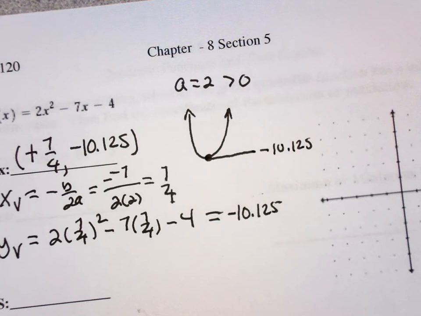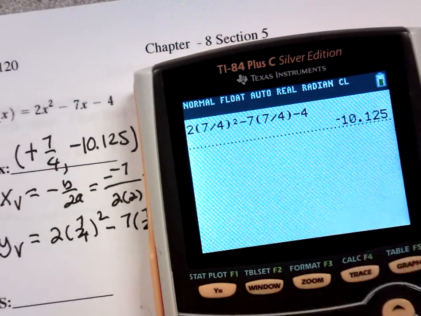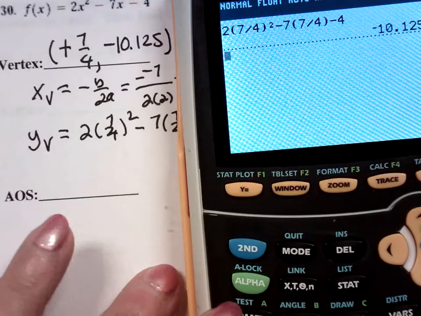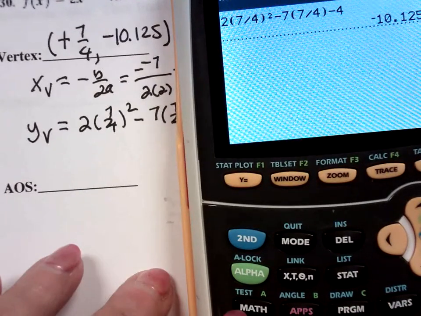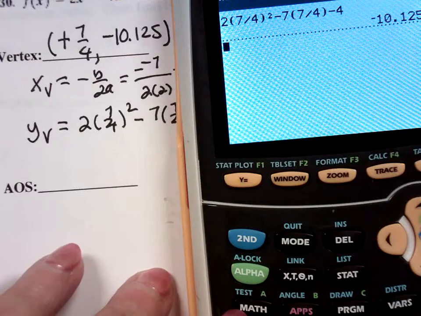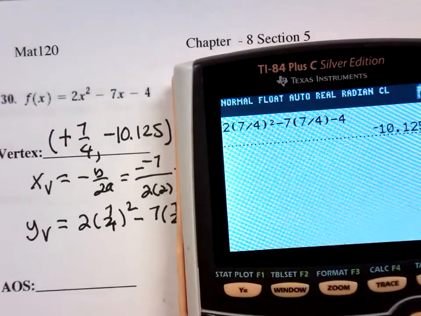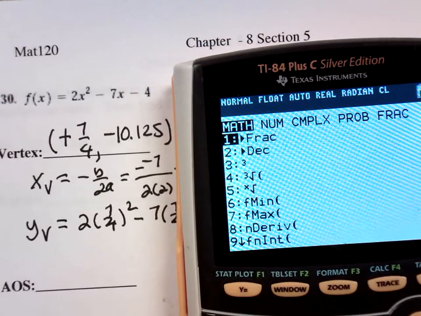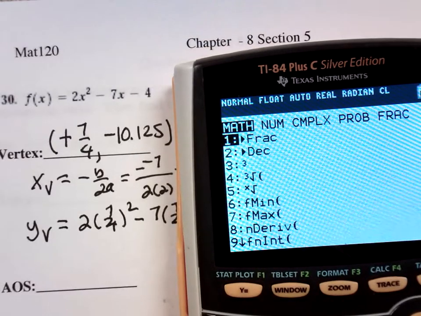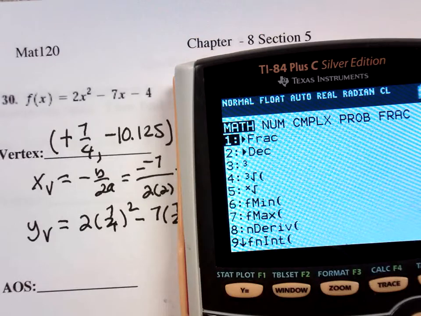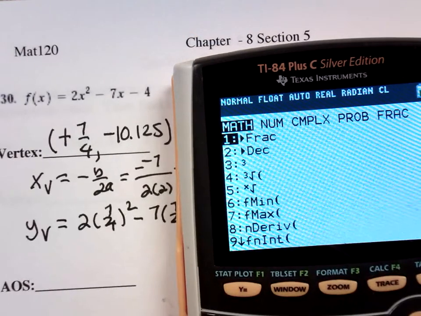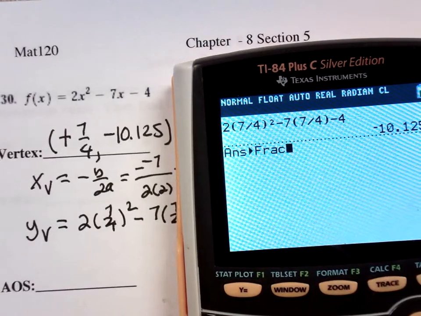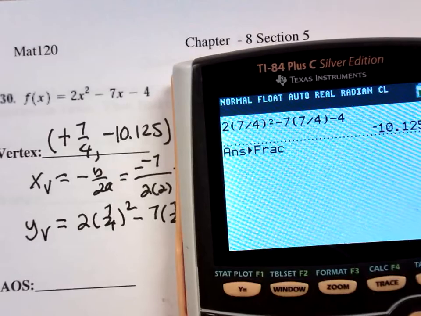Now, something I want to show you on your calculator, and most of your calculators have it. There is this thing called the math key. And if I have math, notice the top thing says push it to a fraction. That says take whatever you got as that answer, write it as a fraction. So I'm going to choose 1. Now Ans, by the way, is the last calculation you did.